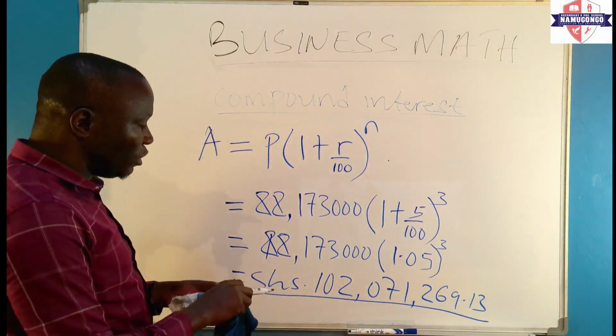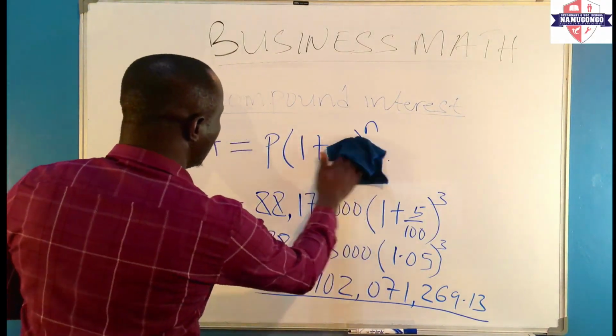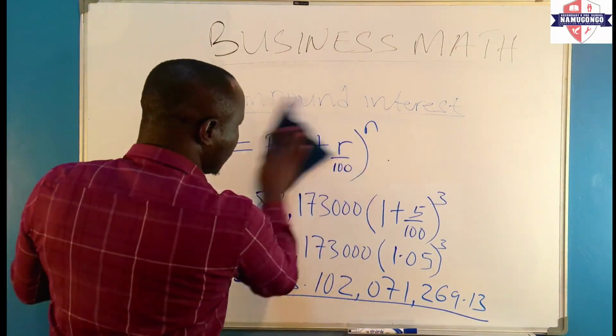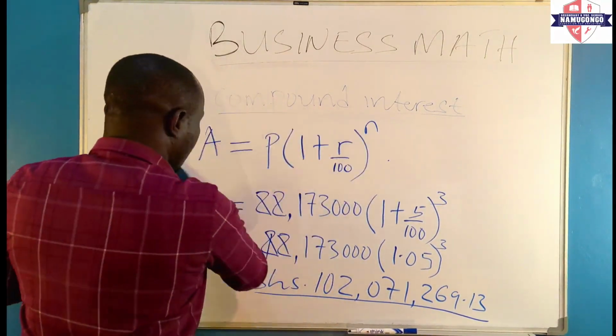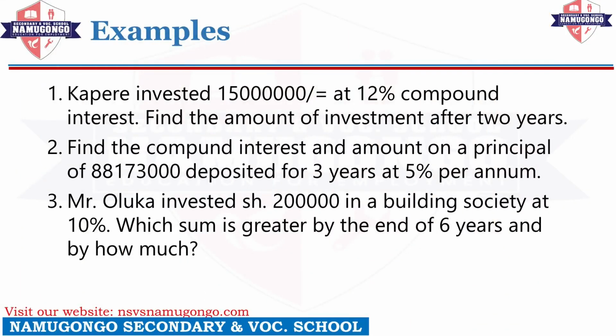And when we are computing compound interest, it's going to be this amount minus the principal.